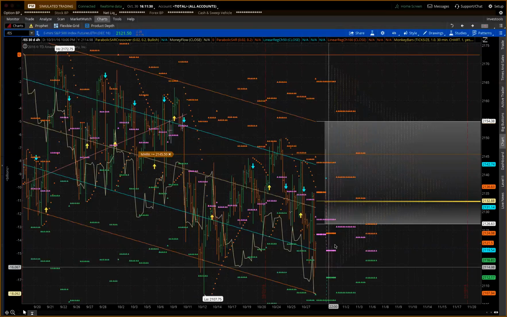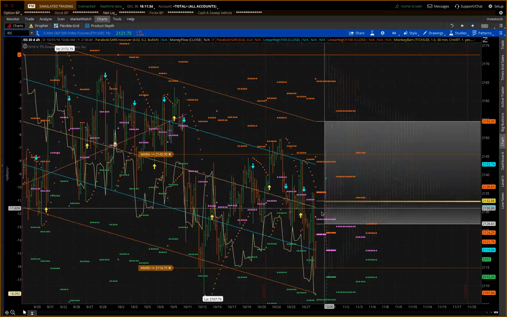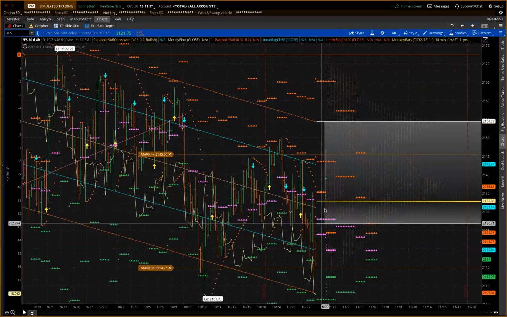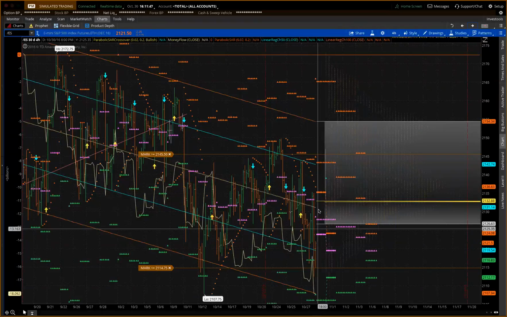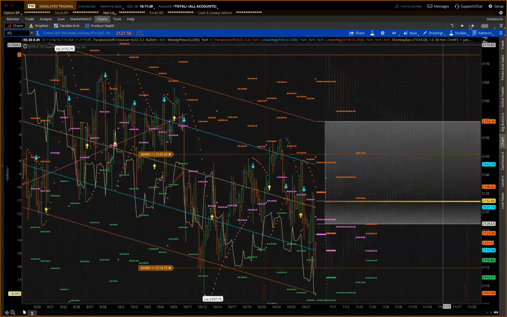There, that works. Okay, and resistance overnight 2126 and 2132 3/4, and then 2140 again. So we're stuck in a range for right now.